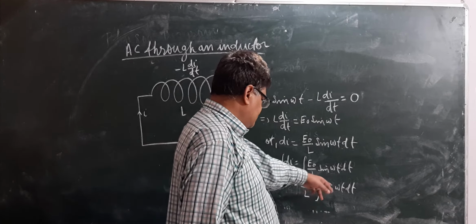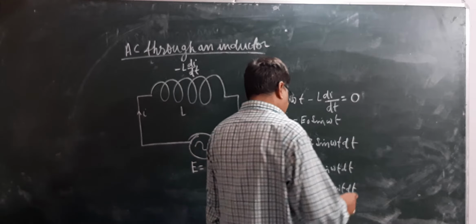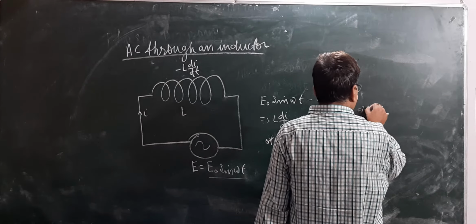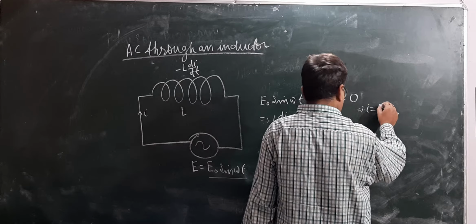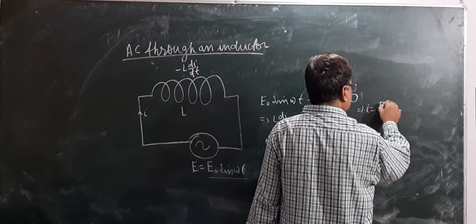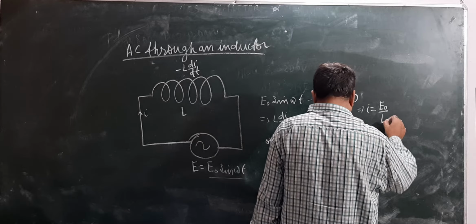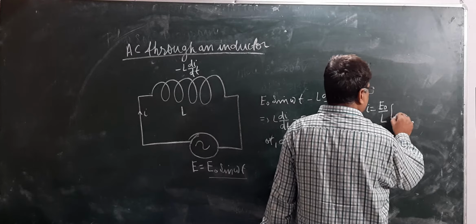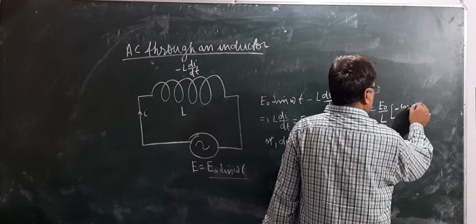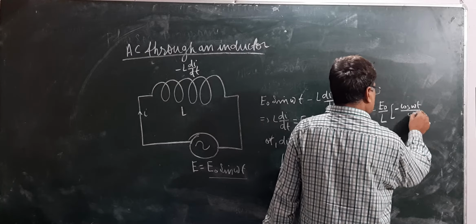Now let us integrate sin omega t dt. So we can write here that I is equal to E0 by L. If you integrate sin omega t dt, what do you get? You will get minus cos omega t divided by omega.